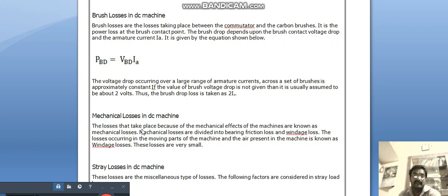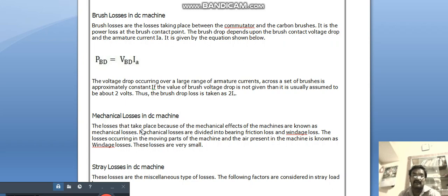Bearing friction will be present between the shaft and rotor, and some losses will be generated. Those losses are called bearing friction losses. To ventilate or to dissipate the heat generated in the motor or generator, we place ventilation holes.